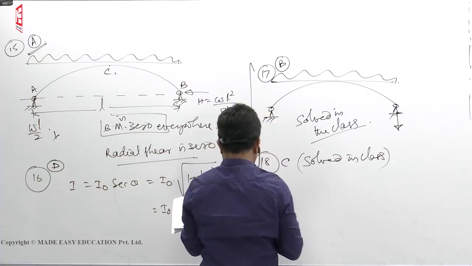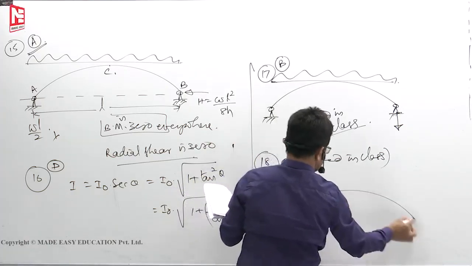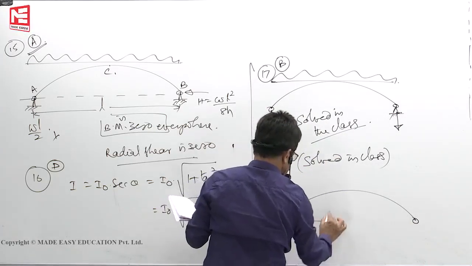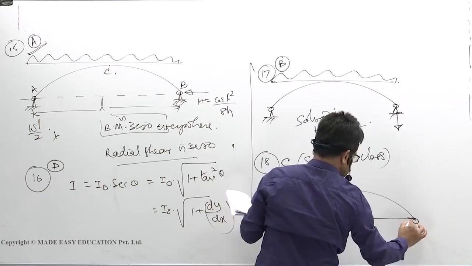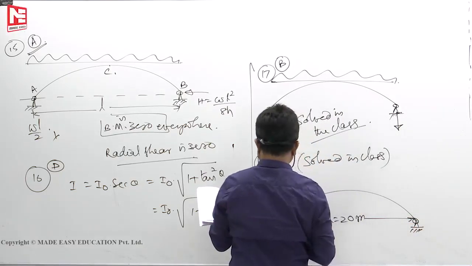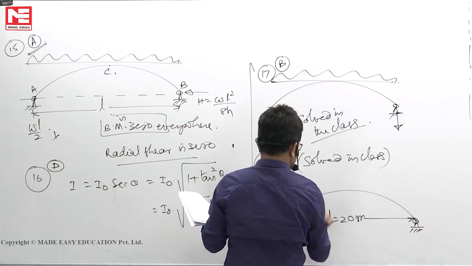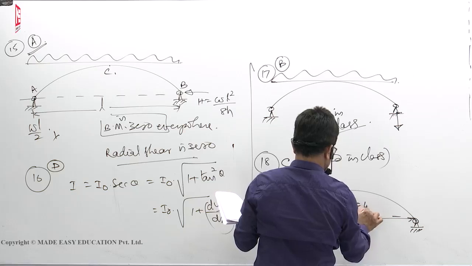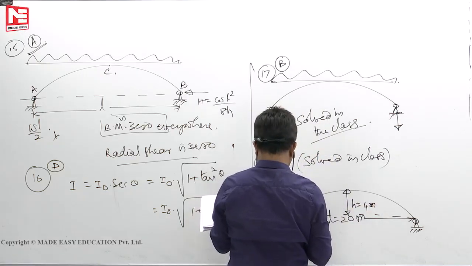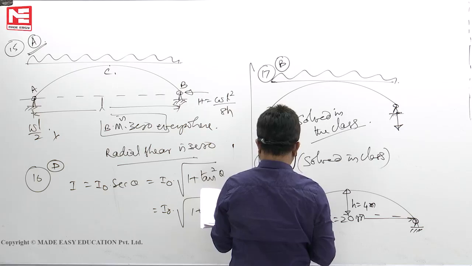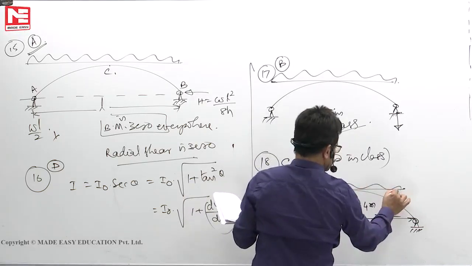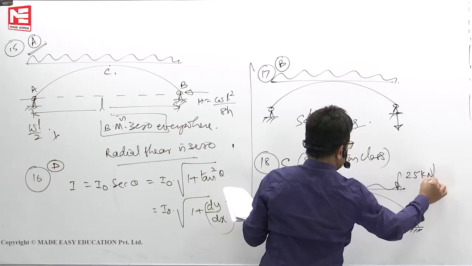A 3 hinged parabolic arch of span 20 meters, central rise 4 meters, carries UDL of 25 kilonewtons per meter.